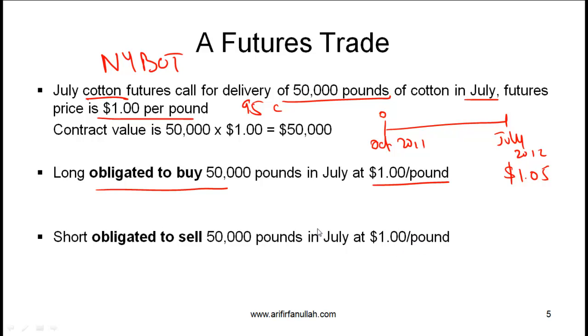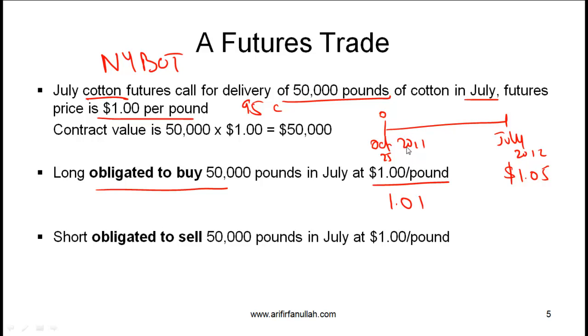Now, just to illustrate the mark-to-market point over here, let's say we get into this contract on October 25th, 2011. Then on October 26th, let's say the forward price has gone up to 1.01. So if the price has gone up by 1 cent, then on 26th October, the account of the long party will receive money.